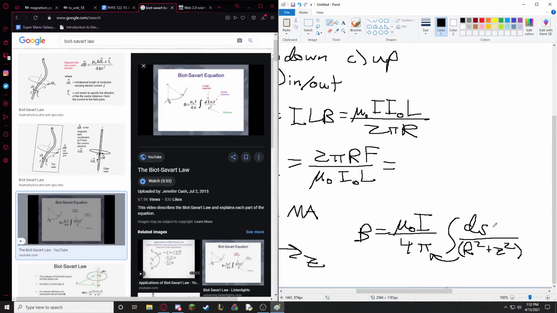And we have ds times r hat, which is the radial direction, so it's just the unit vector of 1. And then we have the sine of the angle between them, right?